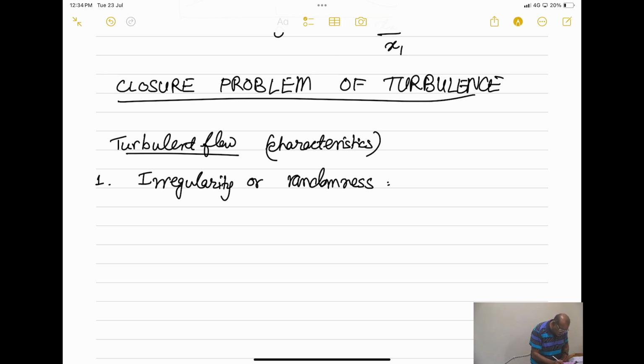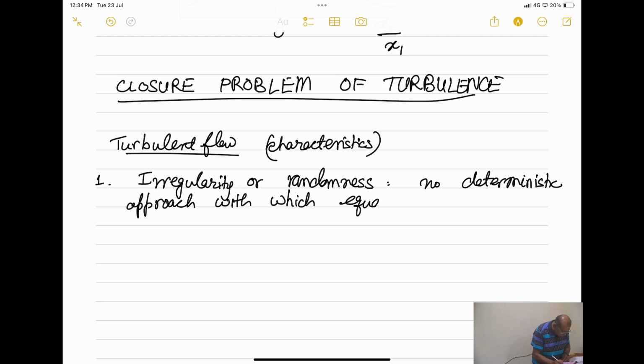So with this, there will be no deterministic approach with which equations can be easily solved.